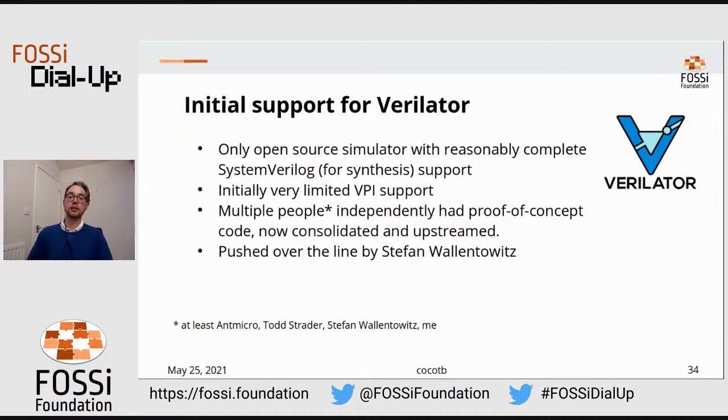And what getting things over the finish line in the end meant was mostly changes to Verilator to improve VPI support, and some smaller changes to Cocotb itself. And in the end, it wasn't that much code. It was probably a couple hundred lines, if that, to get all of that working. But now that we combined all those things and actually pushed it upstream, everybody can benefit from it, and we don't have to duplicate that work again.